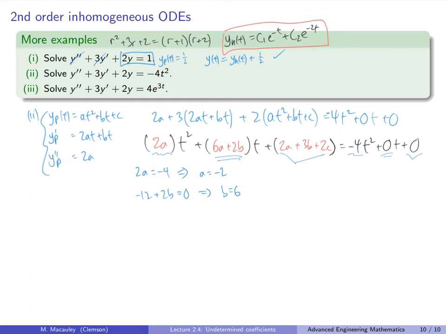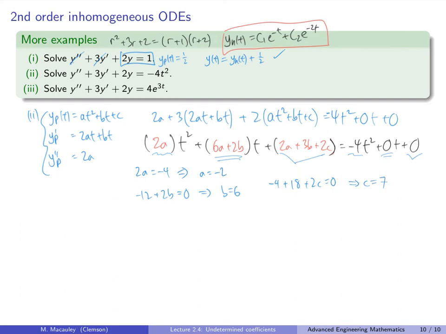And finally, the third one: 2a, that's negative 4, plus 3 times b, that's 18, plus 2c equals 0. So this is 14, and we get that c equals 7. Now we have our particular solution.